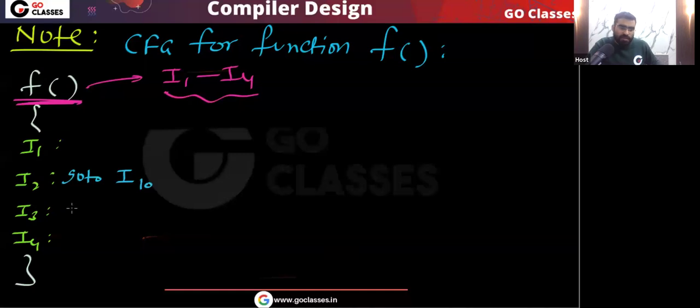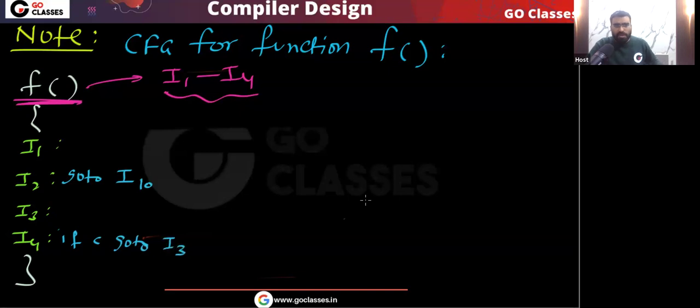Now, another thing, let's assume that from I4 also you can go somewhere. Maybe this is a conditional jump: if some condition, go to I3.